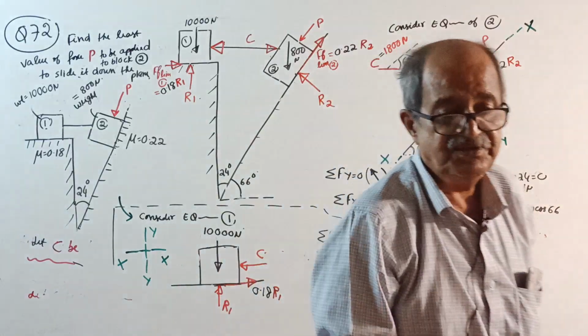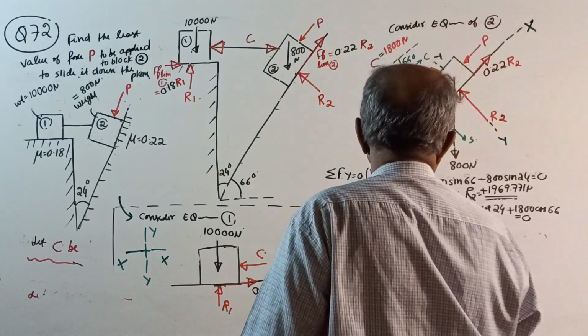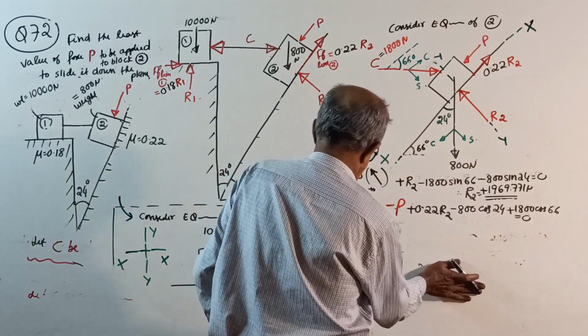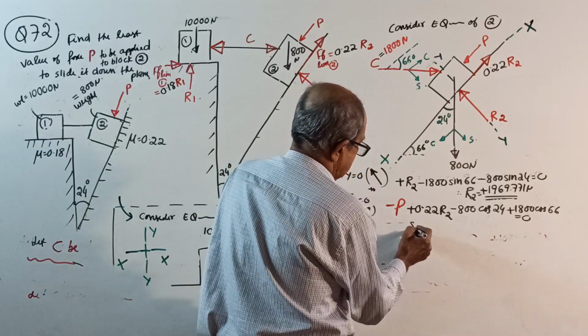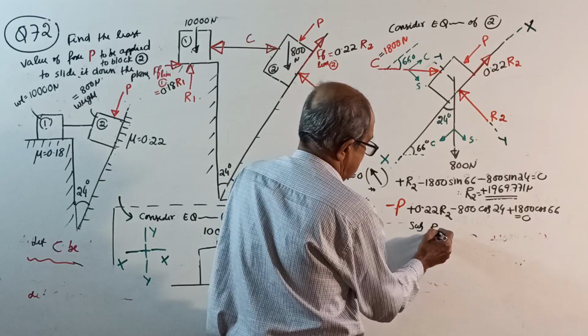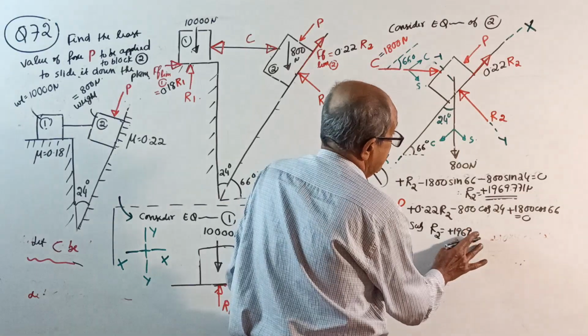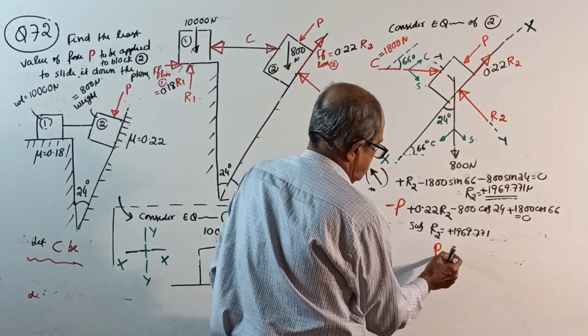Just check the camera once. Okay, no problem, it is 0. Now substitute R2 equal to 1,969.771 and you get the value of P.